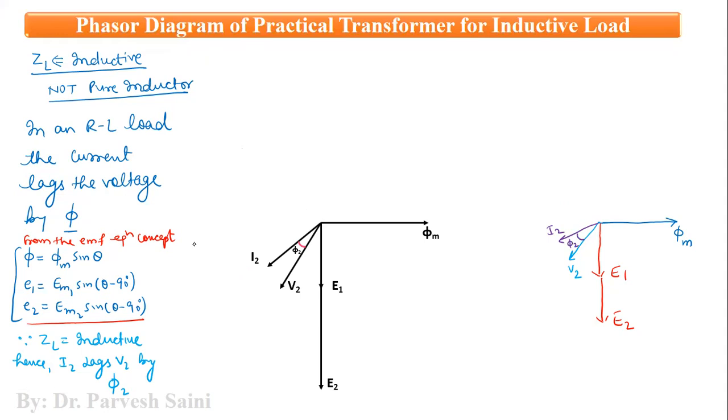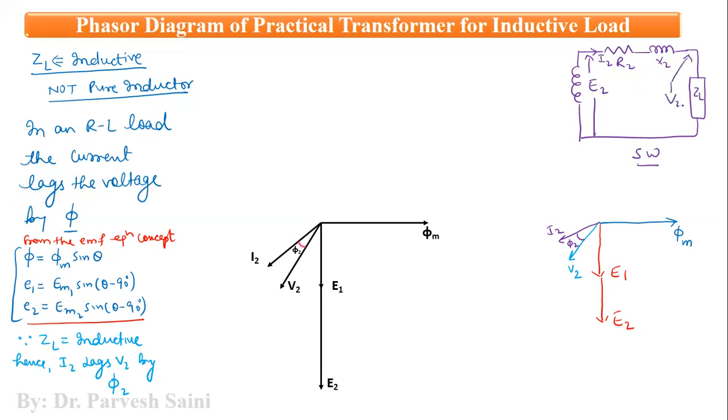Now, if we see the secondary of the transformer, let us draw it here. In this we have a resistance R2, an inductor X2, and then a load impedance ZL, right? This is the secondary winding, with some current I2 flowing here. Here we have the induced EMF E2 and here the terminal voltage V2.